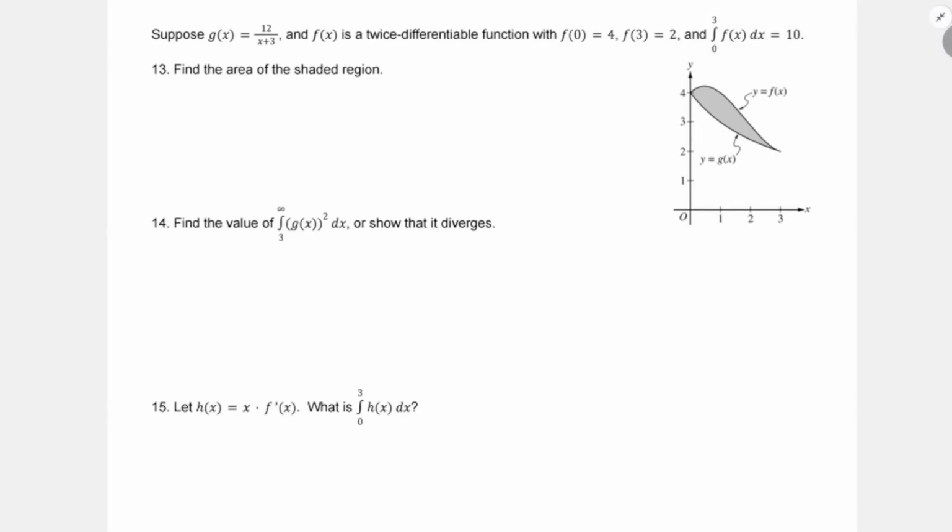Okay, so if I was going to make a replica, top minus bottom is going to be f of x minus g of x. So the integral from 0 to 3 of f of x minus g of x.